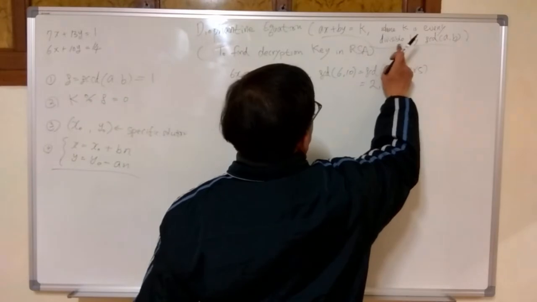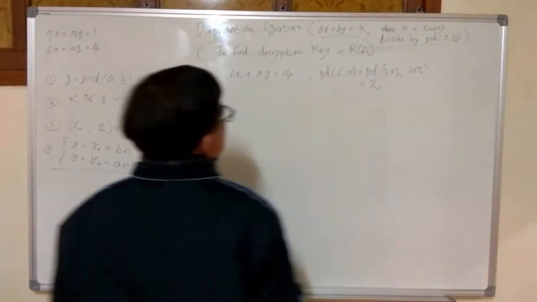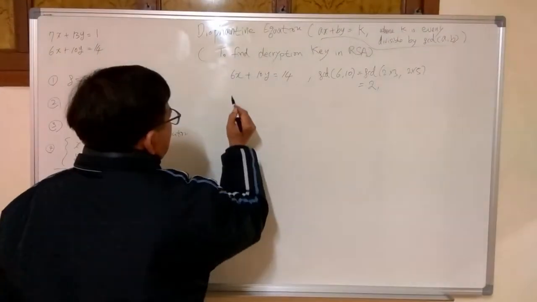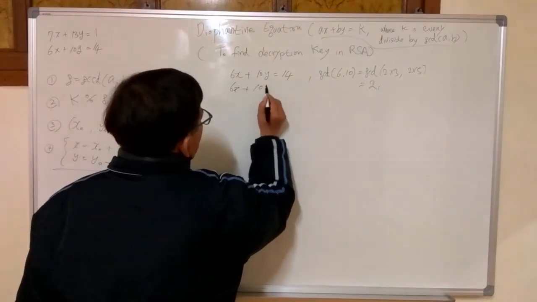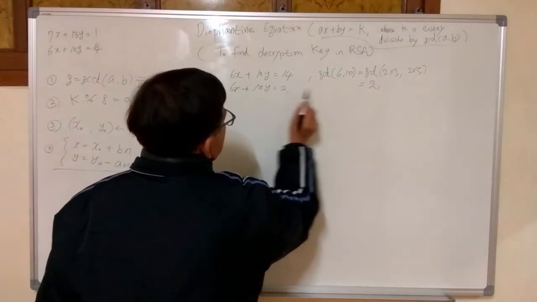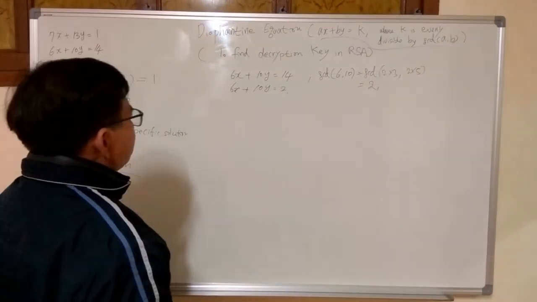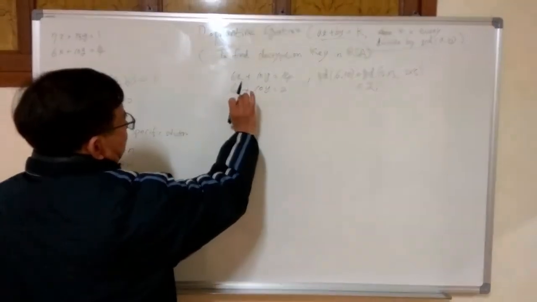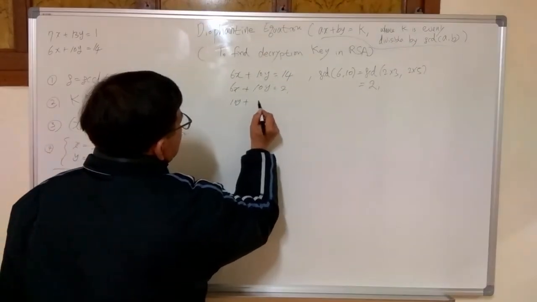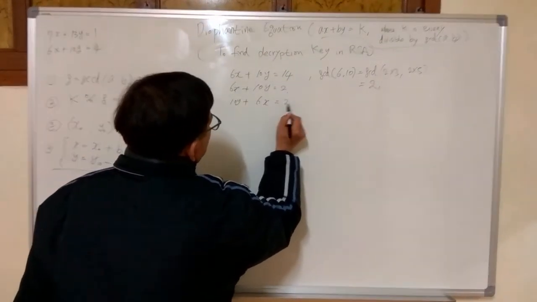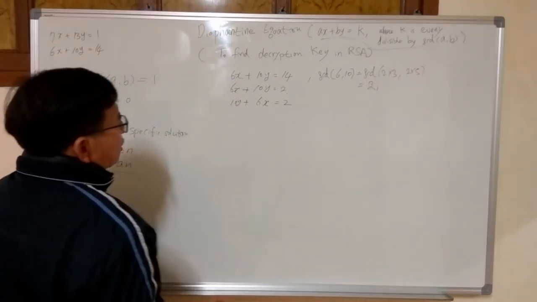K is evenly divisible by the GCD, so we can solve it. So we'll have 6x plus 10y equals 2. GCD 2. We have to swap them, so it should be 10y plus 6x equals 2. We have to swap it like this.